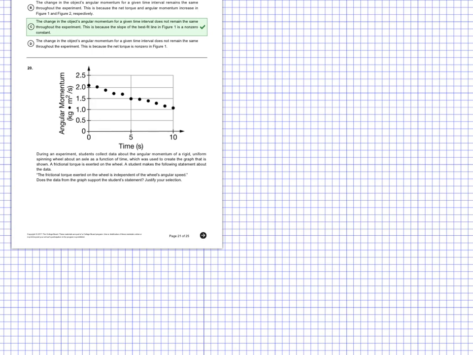Well, the student's claiming that the wheel's friction, like this is just a wheel, even like the ones that we had in class that were spinning around. There's probably some friction in the central hub as it's rotating. And so as this thing's spinning around this way, it's going to feel some friction to slow it down naturally. And so that slope that you get is really, really constant.